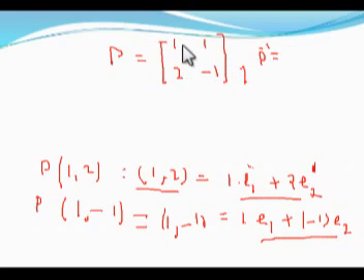The inverse will be: the determinant is minus 1 and minus 2, minus 3, so 1 by minus 3.